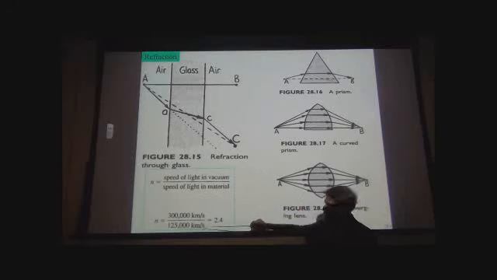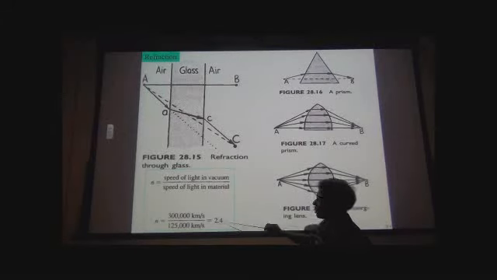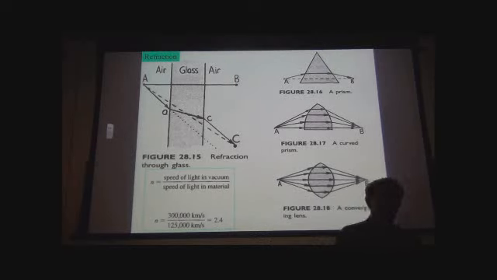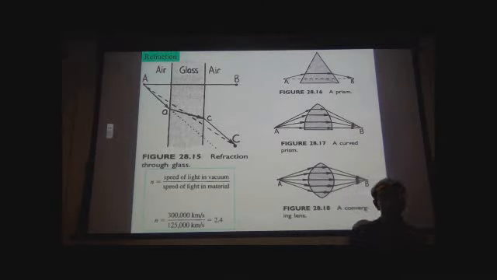It's now 125,000 kilometers per second instead of 300,000. Taking the ratio gives us a refractive index of 2.4. There are tables of refractive indices for all these materials. So you can just look up the refractive index, divide the speed of light in a vacuum by that number, and that'll tell you how fast the light is going through the glass, for instance.